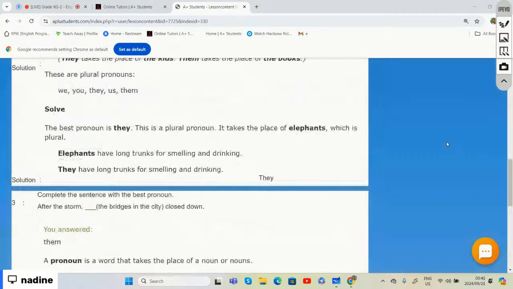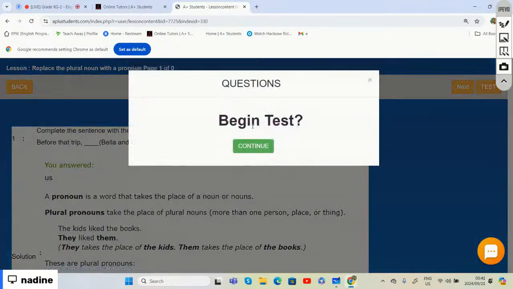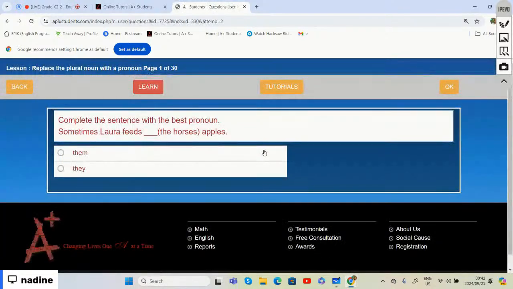All right, so now we're going to the test, where we're going to replace the plural noun with a pronoun. It says, sometimes Laura feeds them apples, which refers to the horses. Or do we say sometimes Laura feeds they apples?